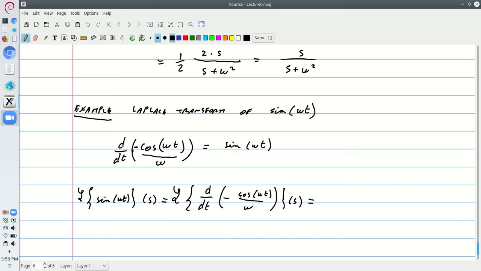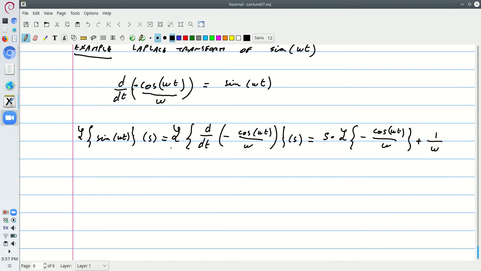So the derivative becomes a multiplication by s, so s times the Laplace transform without the derivative of minus cosine of omega t divided by omega, minus, and now we have to compute this function at t equal to 0, because that's what the derivative formula requires. The cosine of 0 is equal to 1, so this is 1 by omega with a minus, so it becomes plus 1 by omega.